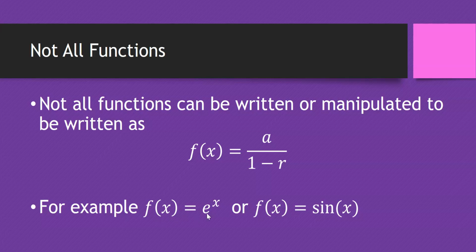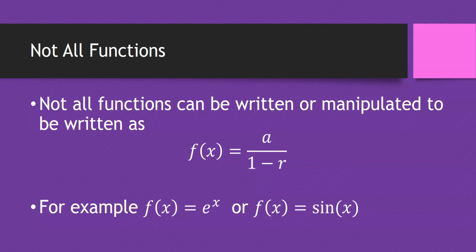F of x equals e to the x, there's really no way that I'm going to be able to rewrite that as a over 1 minus r, at least not in any easy way. Or sine x. Think of trying to rewrite a trig function as a over 1 minus r. It's just not going to happen. So we need another method.